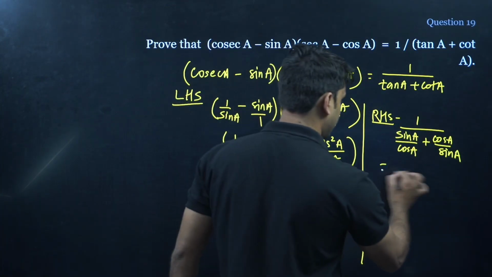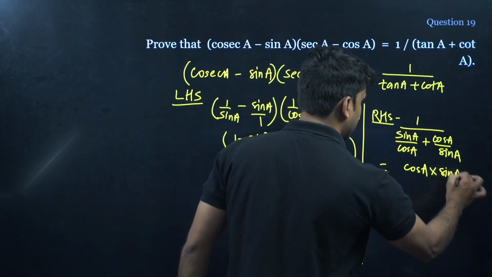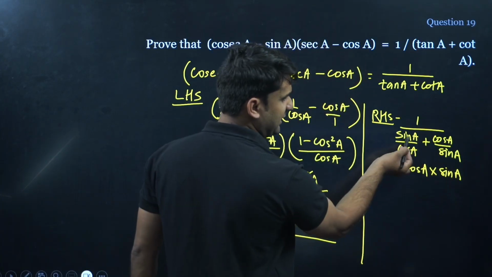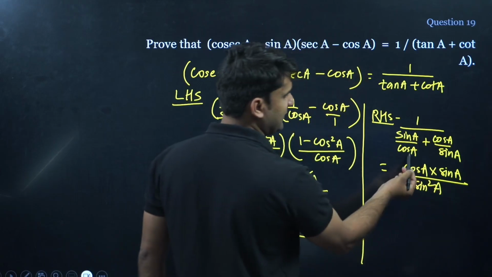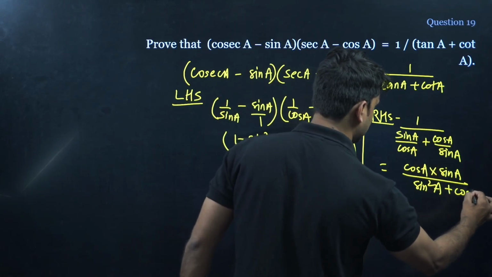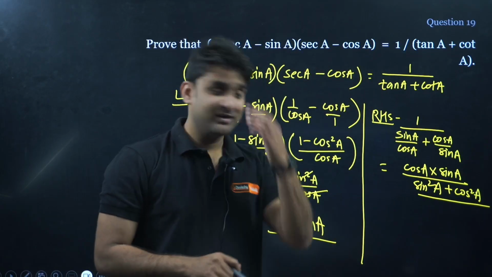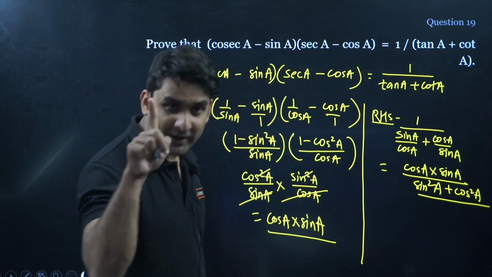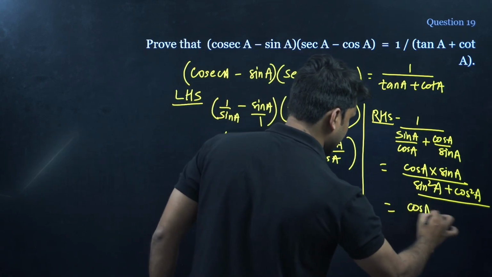So the result will be cos A into sin A over, after taking LCM, sin square A plus cos square A. And do you know your favorite identity, sin square A plus cos square A is equal to 1. So we have cos A into sin A.